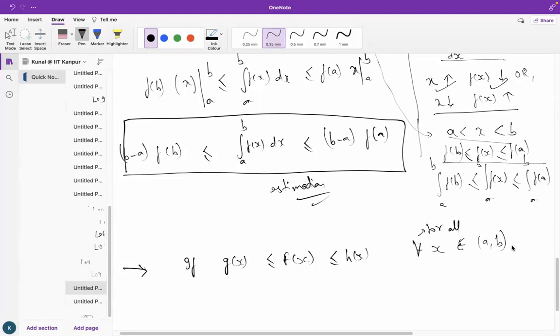And the noted thing here is that all f of x, g of x and h of x functions are continuous.